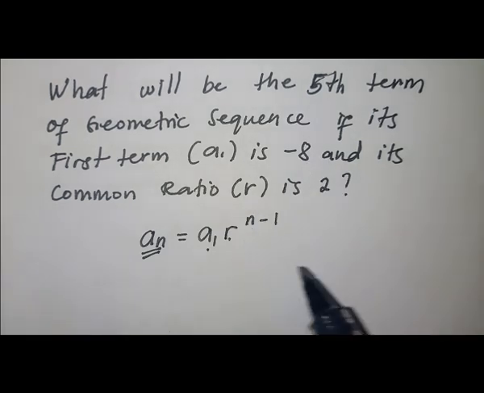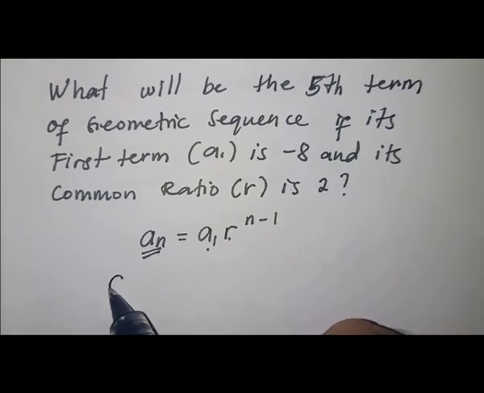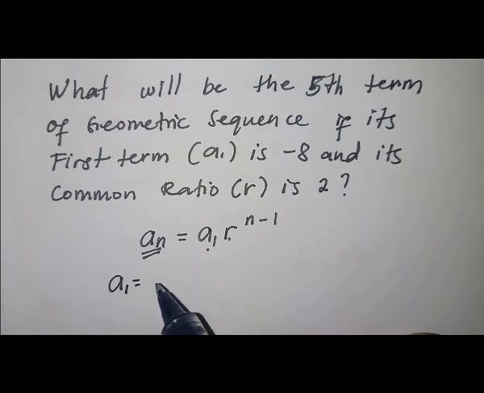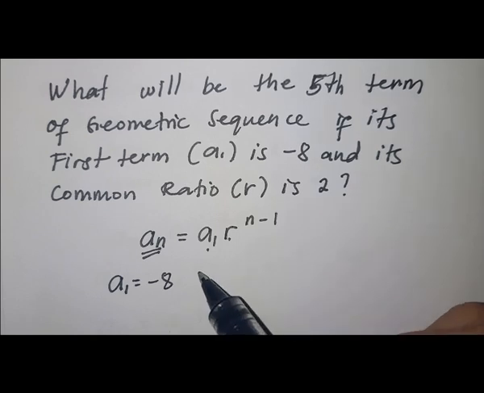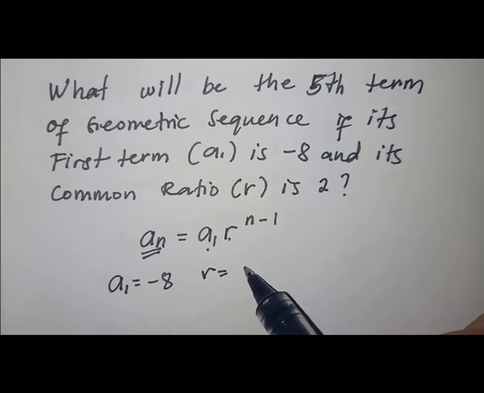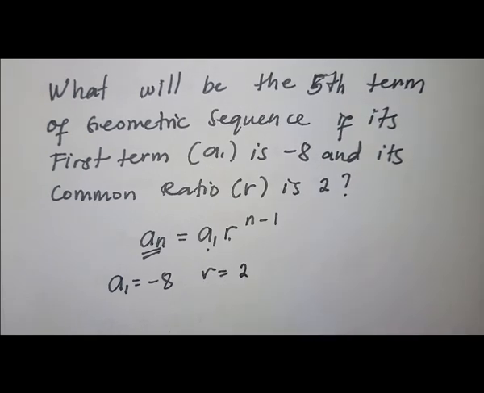Okay. So, from this problem, pinakita dyan that your a sub 1 is equal to negative 8. Common ratio is equal to positive 2. And the number of terms is equal to 5.